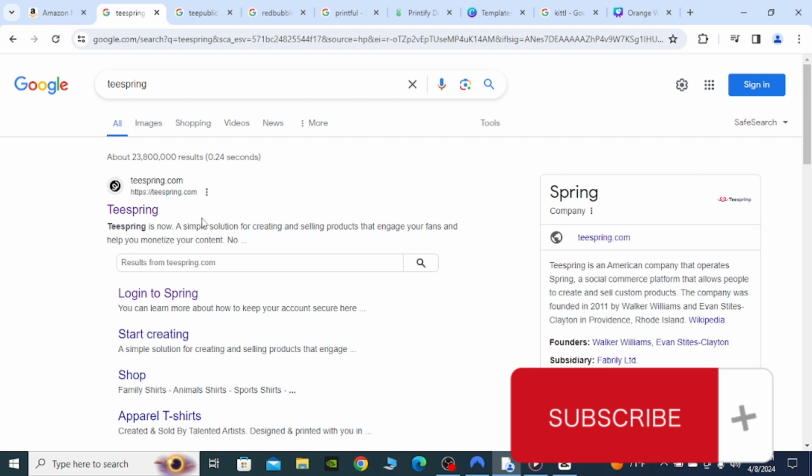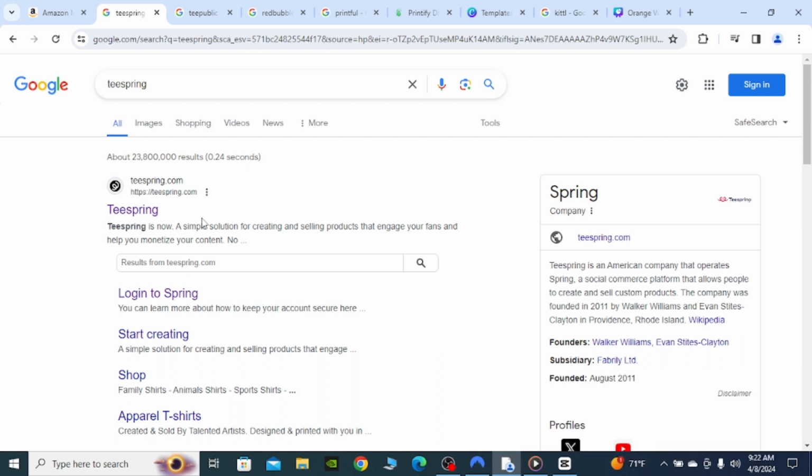I hope you get a basic idea about print on demand. As a summary, print on demand is where you do a basic design, and after that you can promote it by yourself or through a print on demand service provider.